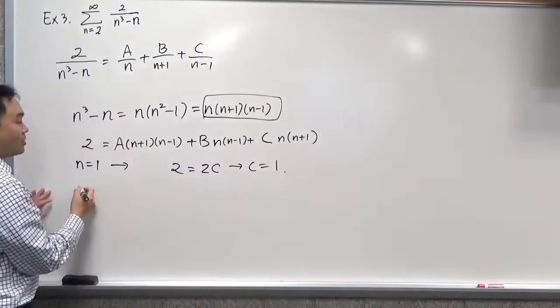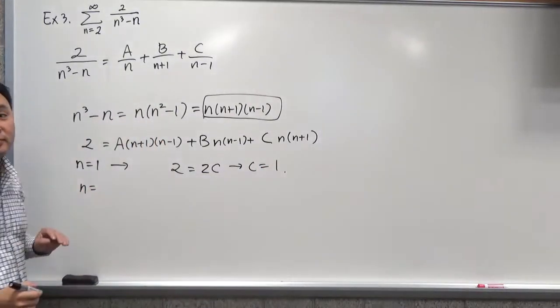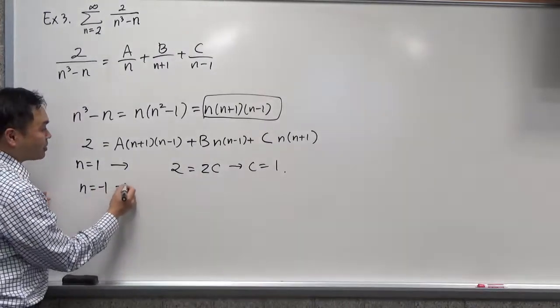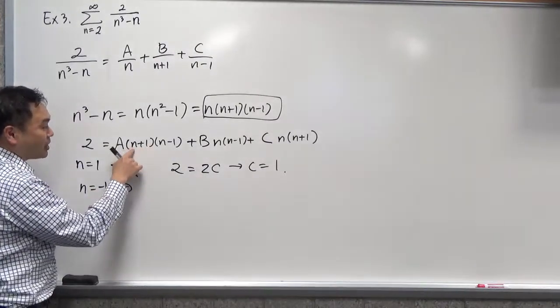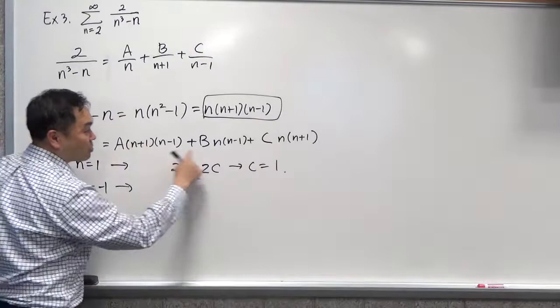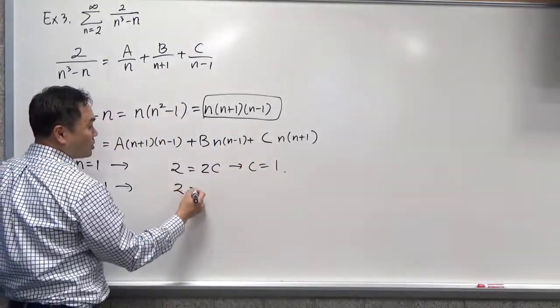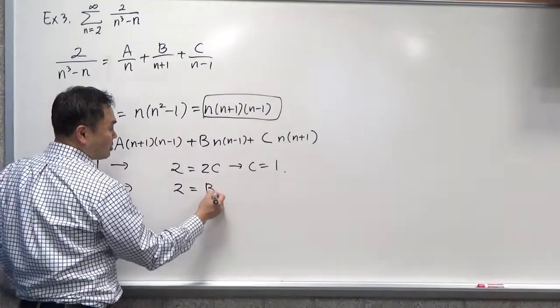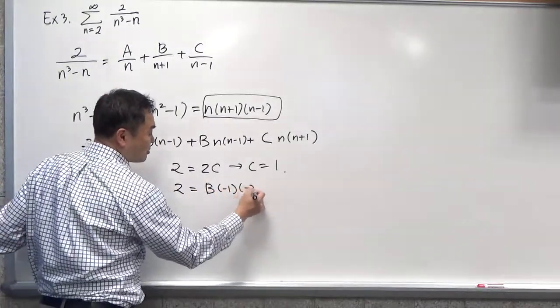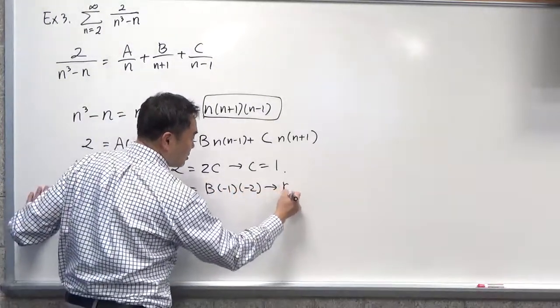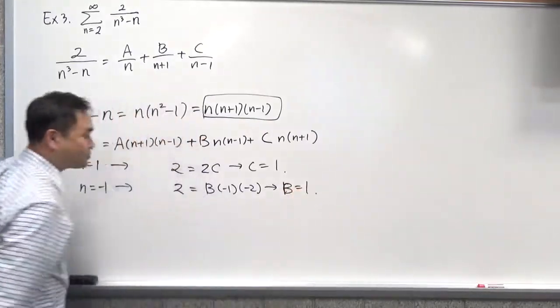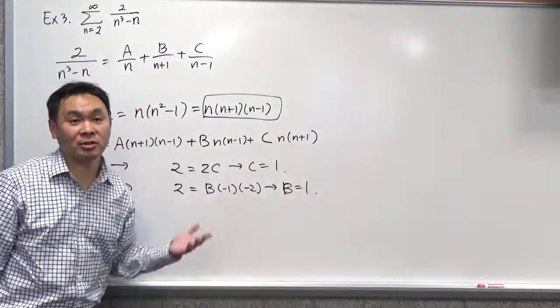Good. What else should I plug in? Negative 1, because then negative 1 plus 1 will be 0. So this will be 0, this will be 0. The only survivor will be this one. So you have 2 equals B times negative 1 times negative 2, so that B is again equal to 1. Right? Negative 1 times negative 2 is 2.